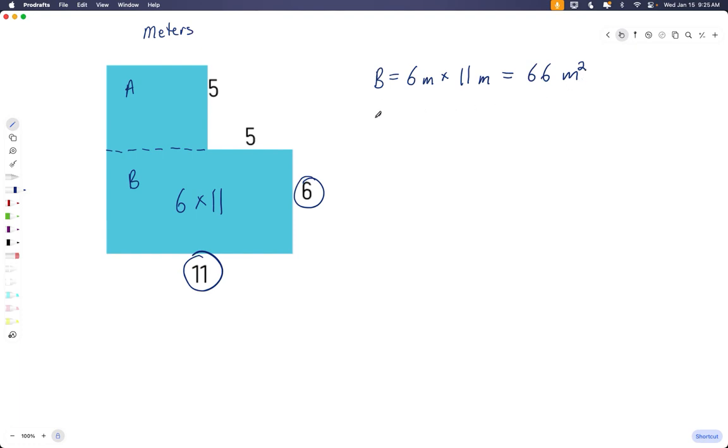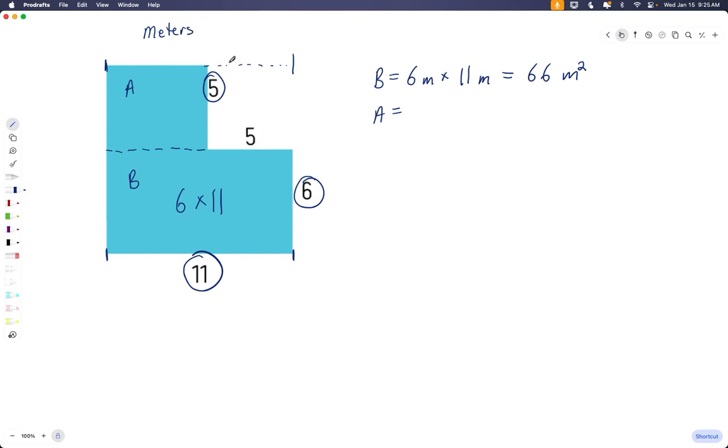Okay? All right, so for A, I see that it's 5 tall, but I've got to figure out what the width is. It doesn't tell me what the width is, but I do know from here all the way over to here, that's 11, because it's the same thing down here. From here all the way over to here is 11.